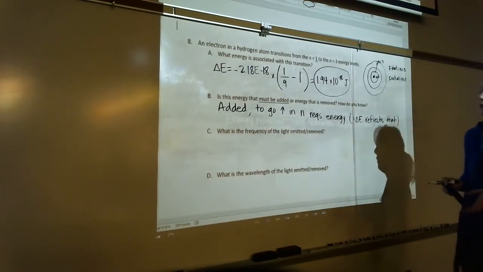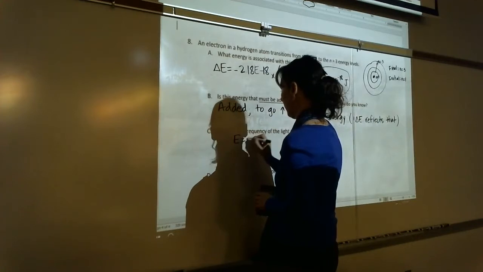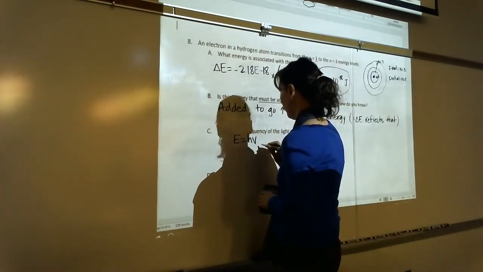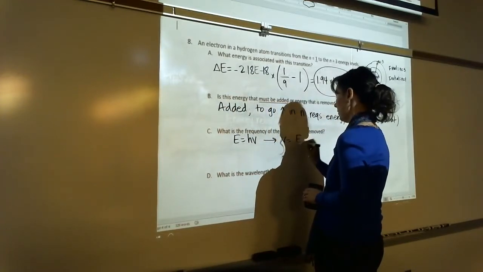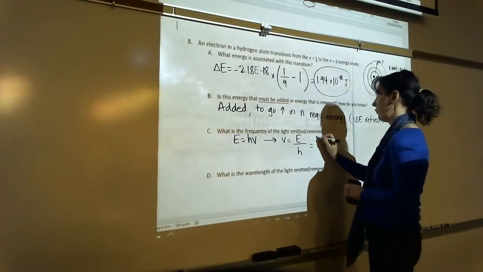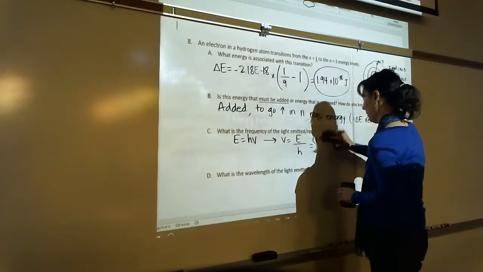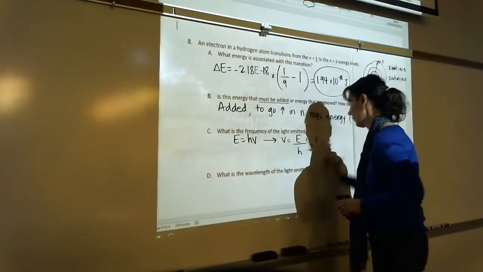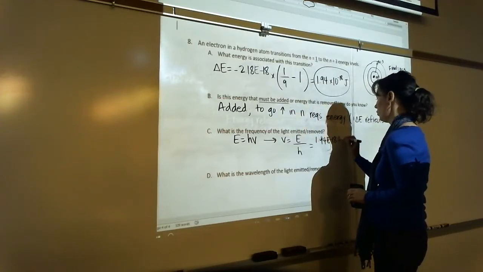Okay. What's the frequency of this light? What formula are we going to use here? E equals h nu, Planck's constant times frequency. So to get frequency, it's just energy divided by Planck's constant. So take my answer from above, 1.94 times 10 to the negative 18th joules.